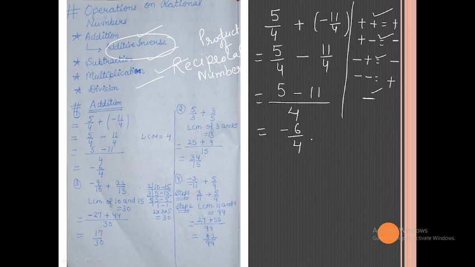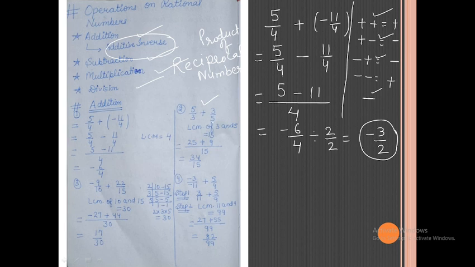If you want to reduce this value, then you can divide by 2 by 2. We get minus 3 by 2, that cannot be reduced further. So this is the standard form of a rational number. And this example is proper.